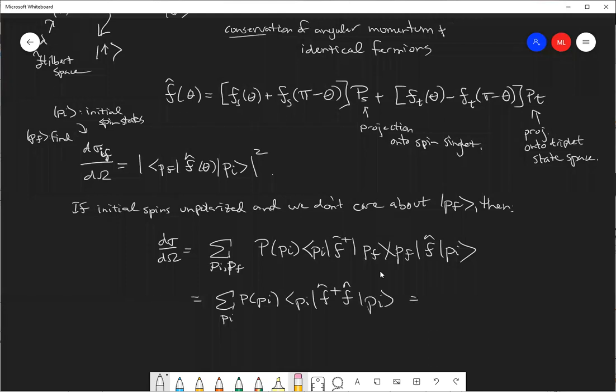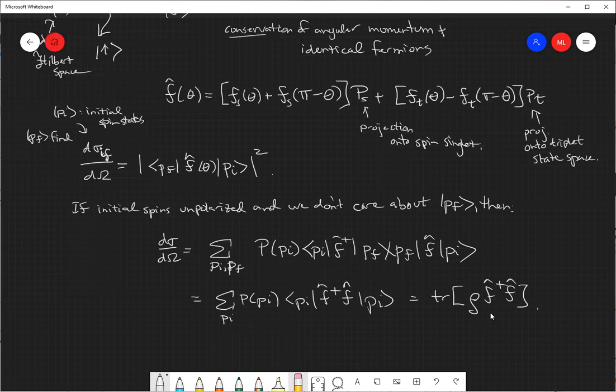the trace of, remember that this is just the trace of the state operator multiplied by f hat dagger f hat.